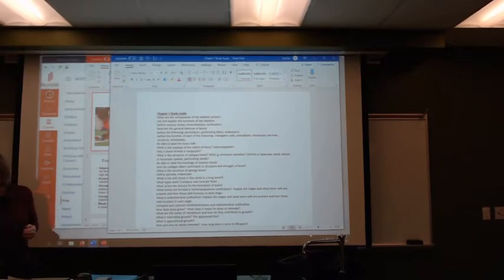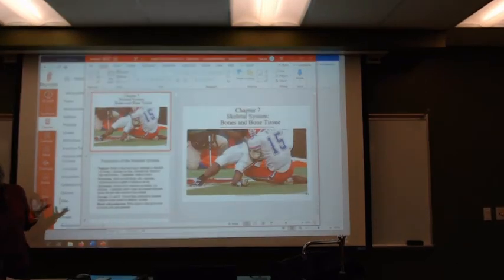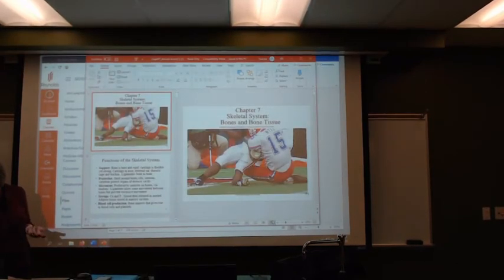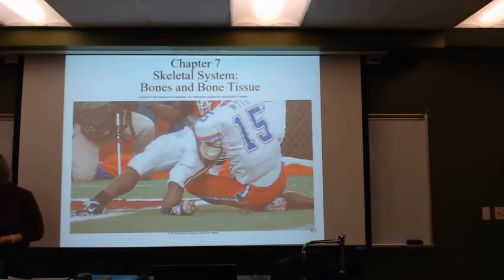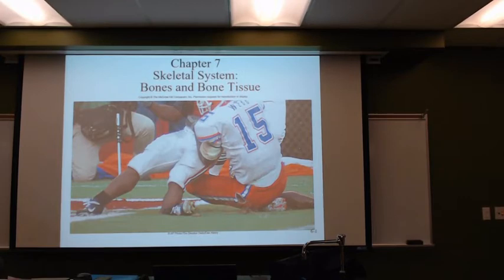And as we look at chapter 7, the information that we're going to be looking at for the skeletal system, this is showing, do you notice anything in this picture? Yeah, I cringed when I first saw it. What do you see? His legs at like a 90-degree angle.